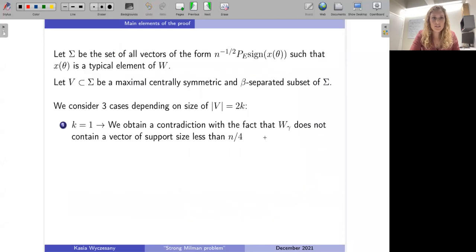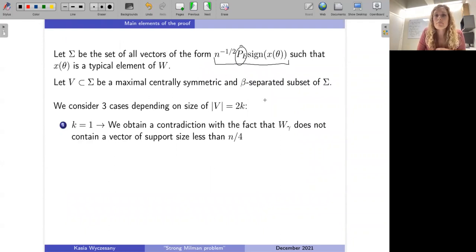So using those typical vectors, what we are doing is we're considering a set of all the vectors of this form. So we are looking at the large coordinates of the sign vectors, where the sign vector of x(theta) is well defined and is a plus or minus 1 value.